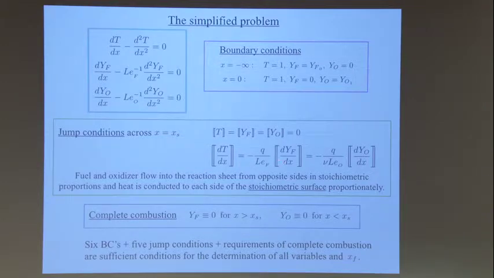Another thing to note is that the relation you see here between YF and YO simply means that the fluxes of fuel and oxidizer towards the reaction sheet must be in stoichiometric proportion. This is the interpretation. And being in stoichiometric proportion, what is the jump in temperature? It is the heat conducted on one side minus the heat conducted on the other side. That's essentially all the heat leaving the reaction zone, and that should be related to those stoichiometric conditions. Okay, so this is the problem.